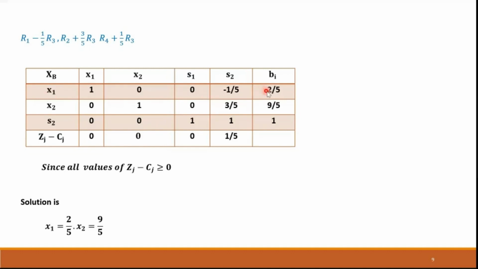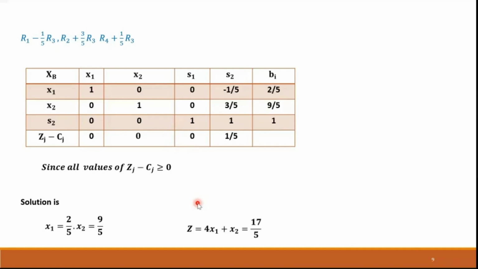X1 is equal to 2 by 5, X2 is equal to 9 by 5, and then Z is equal to 17 by 5. I am calculating Z from the given function, not the maximizing one with the minus. Directly I am substituting in the minimize Z function. The values are correct, right? Okay.